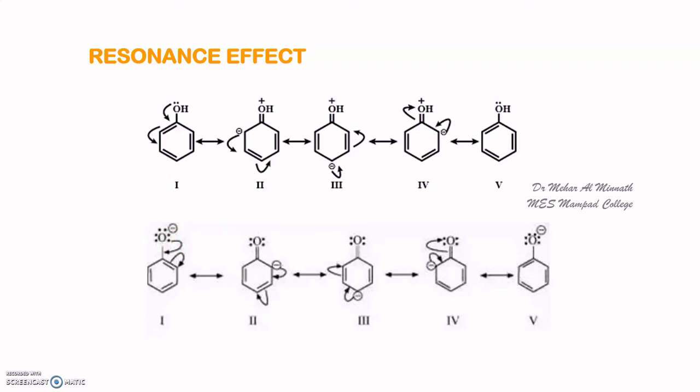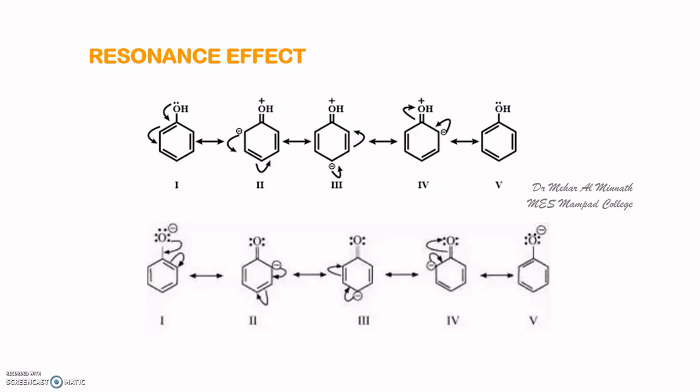But aliphatic alcohols do not show such acidity because there is no resonance stabilization. Phenols are highly acidic. Now, the substituents on the aromatic ring of phenol also decide the acid strength.